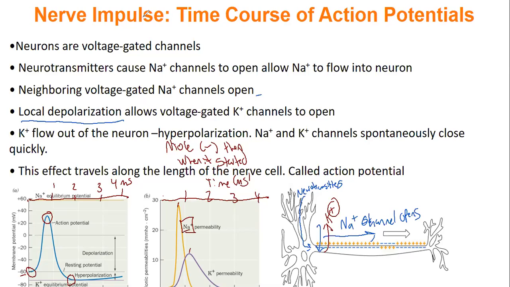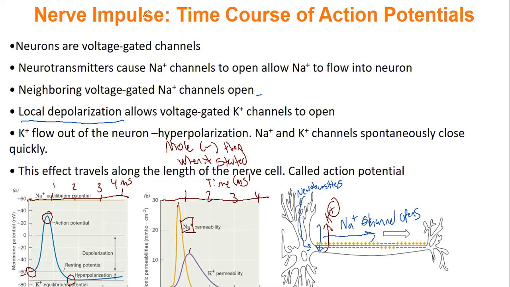How do neurotransmitters start the opening? So I would guess, I haven't looked into this, but the way these things usually work is that this channel has a binding site for that neurotransmitter. And so once that neurotransmitter finds that binding site, it's going to cause that channel to open up.